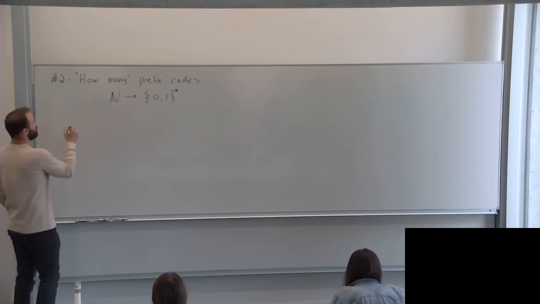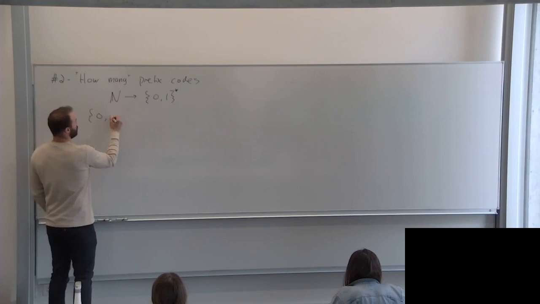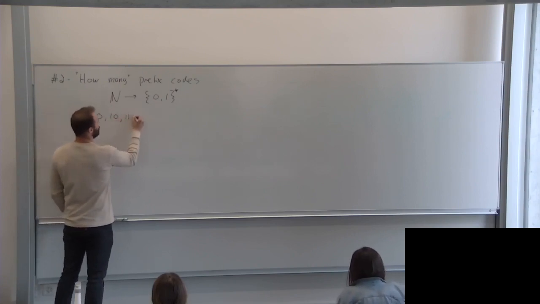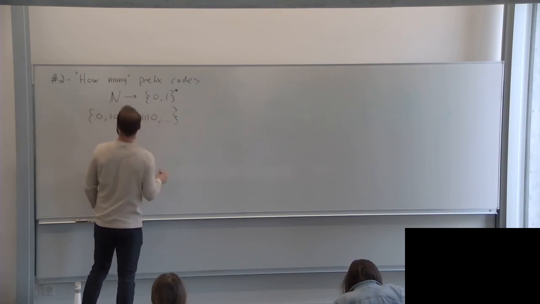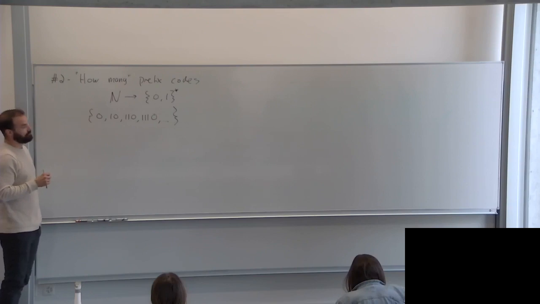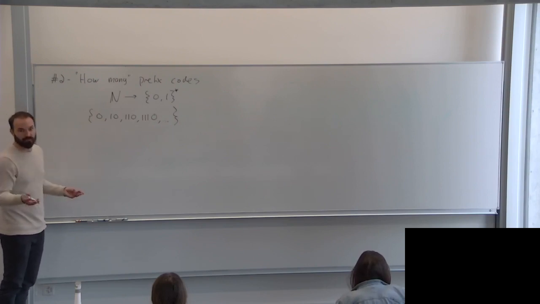And I gave a hint, and it was to consider subsets of the form, actually subsets of that set. So why? Because only by considering a very restricted class of all prefix codes, we can still have uncountably many prefix codes.